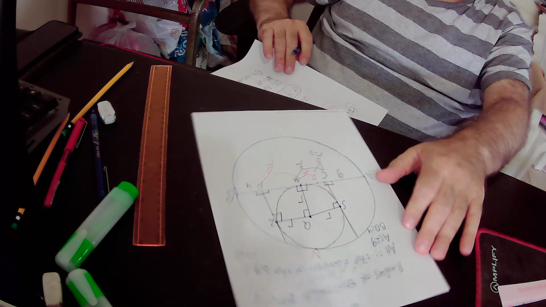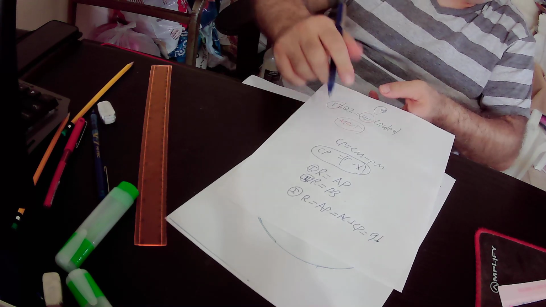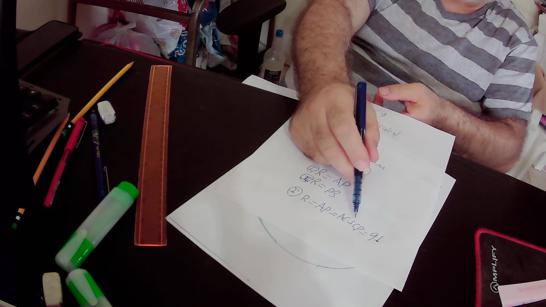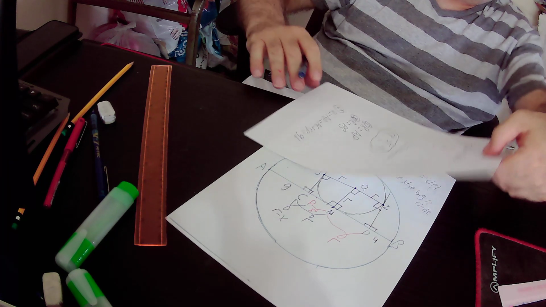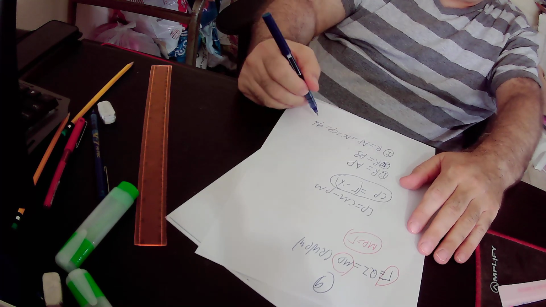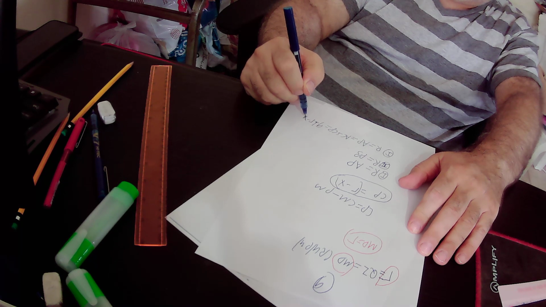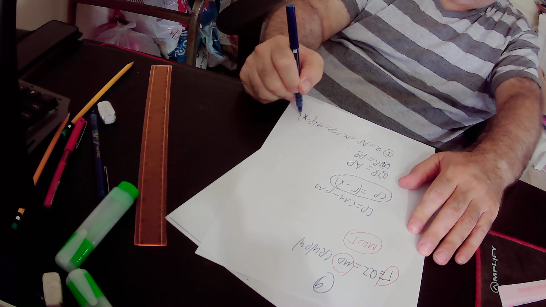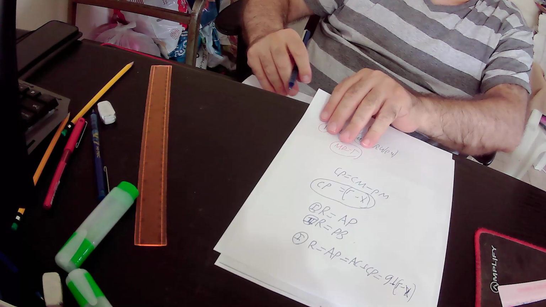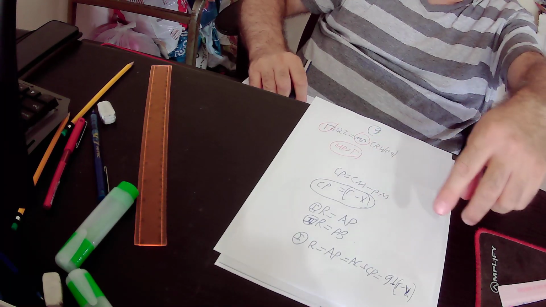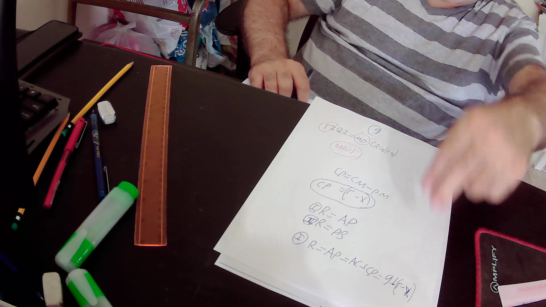So the radius of the big circle equals AC plus CP. AC is 9 units and CP is small r minus x. So in total we found that the radius of the big circle equals 9 plus small r minus x.